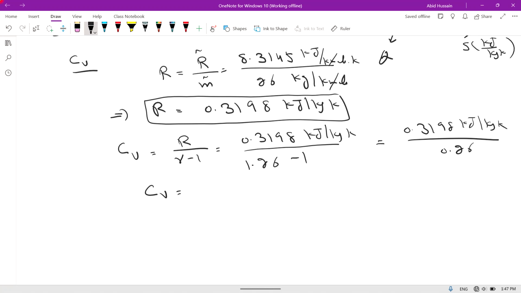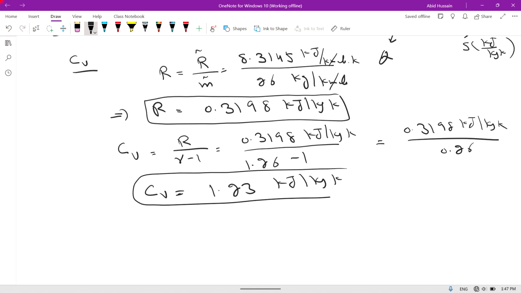So CV is equal to 1.23 kilojoule per kilogram per Kelvin. So this is the value of CV.